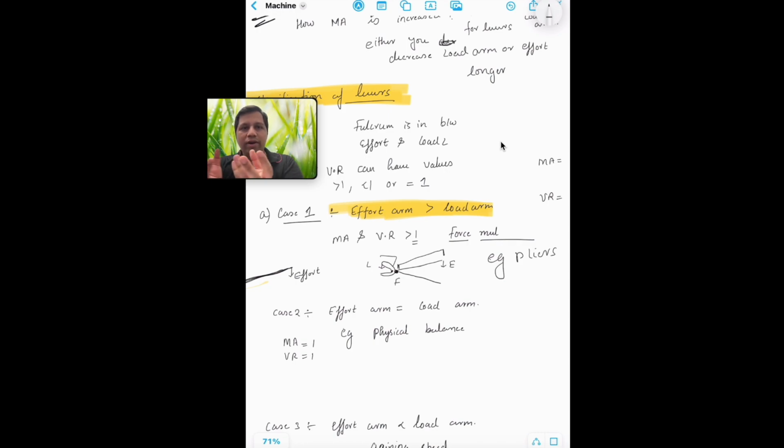You put a weight on one section, and the other weight that you need to measure, you put on the other side, and it will tell you the exact weight. So if you have effort arm and load arm equal, that means the fulcrum is exactly placed between effort and load, then you will have a mechanical advantage of 1.